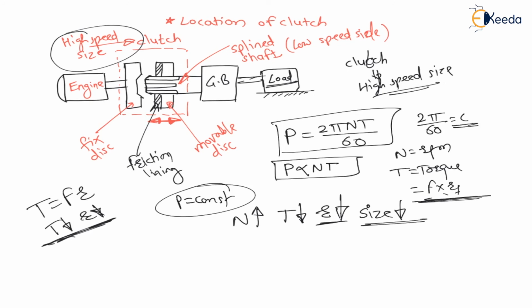Size of clutch decreasing means the clutch becomes compact. So whenever the clutch is installed on the high speed side, the size of clutch required is less, so that the clutch becomes compact. Therefore clutch is always installed on the high speed side.